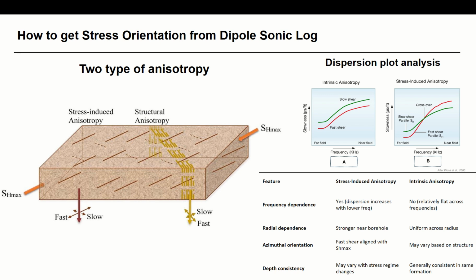In reality, the fast is the fast and the slow is the slow. But what changed is the anisotropy due to stress. So the receivers will change the waves. If the X receiver was receiving the fast shear, now it will receive the slow shear and vice versa. So, to conclude, if your anisotropy is due to stress, you can infer the maximum horizontal stress, because your azimuth is related to the radial dependence within the wellbore.